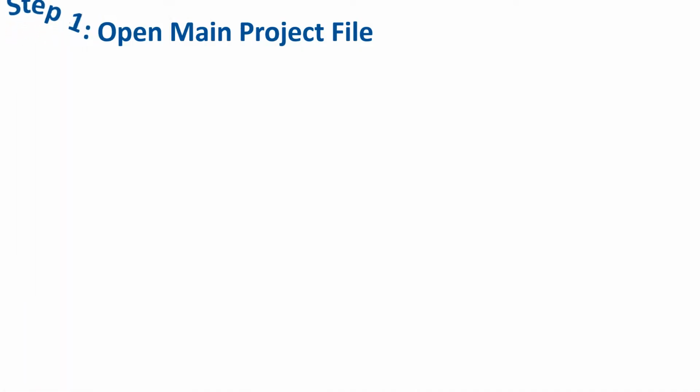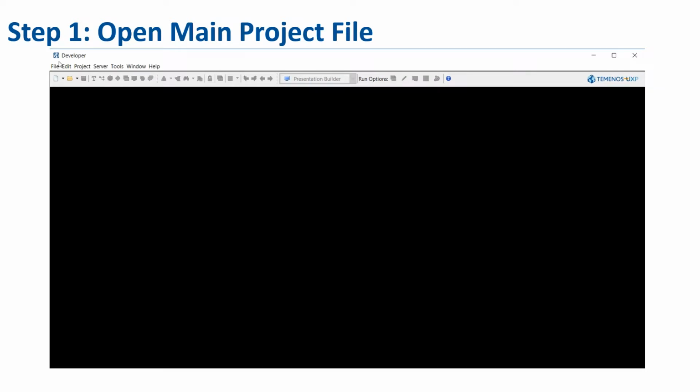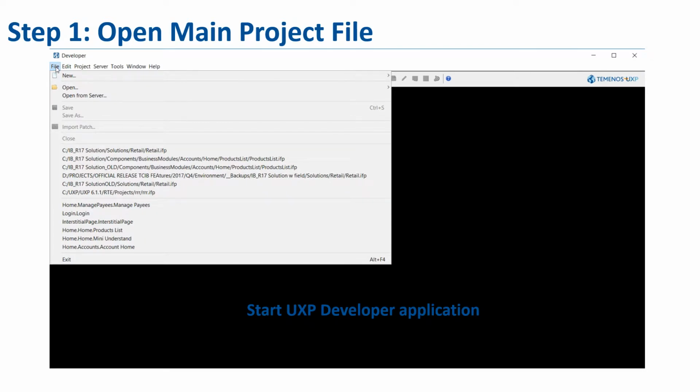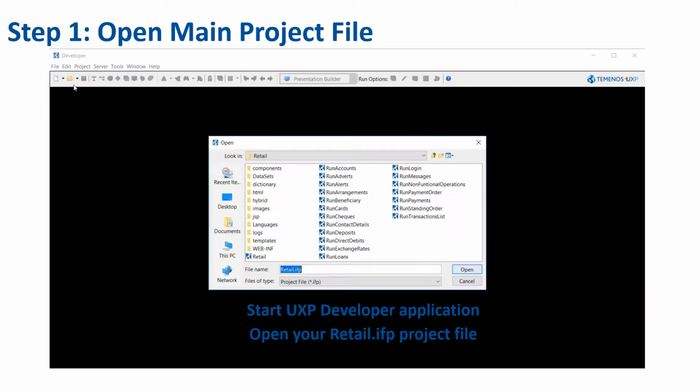The first step is to open the IB Retail main project file. From there, you'll try to locate the exact business component and its UXP layer files that will have to be edited. After starting your UXP developer application, select File menu, Open, then navigate to your Internet Banking project folder and select the Retail project file.